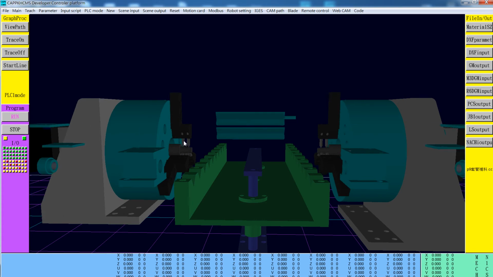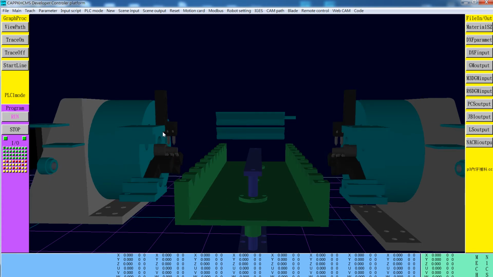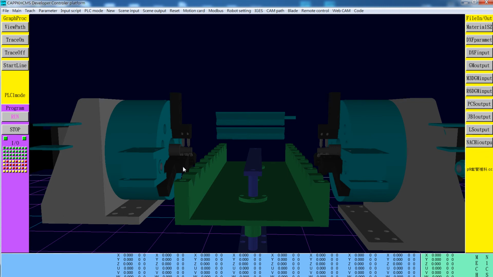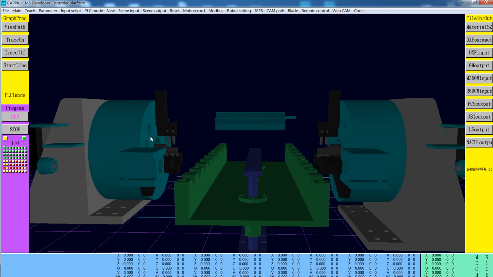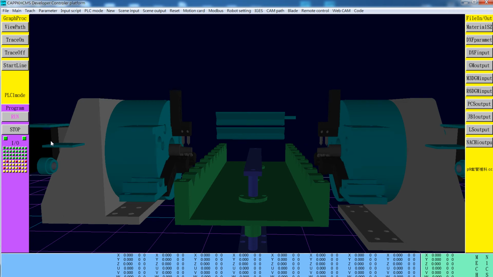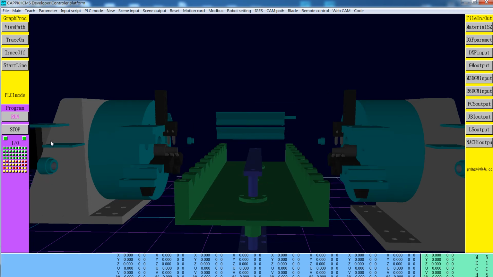And after binding, they will retract back to their original position, and the whole binding system will retract back to its original position as well.